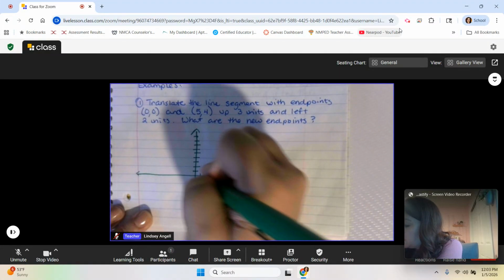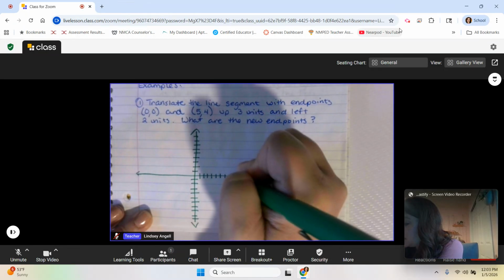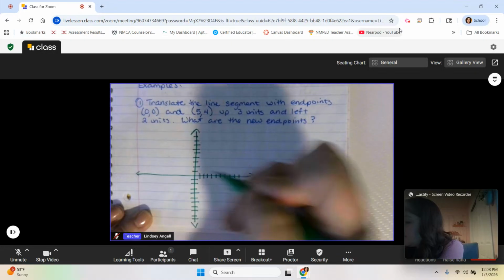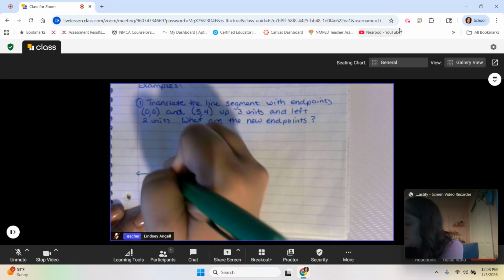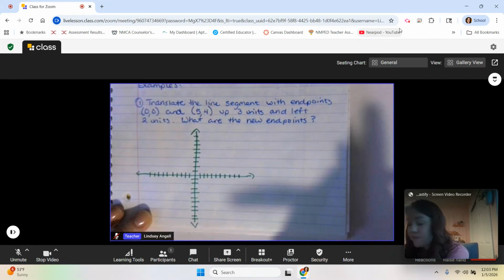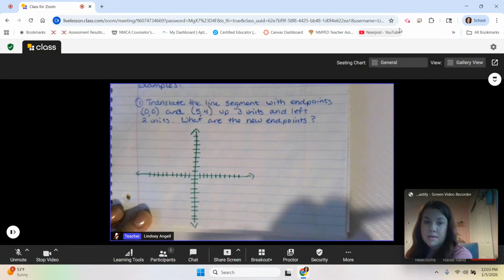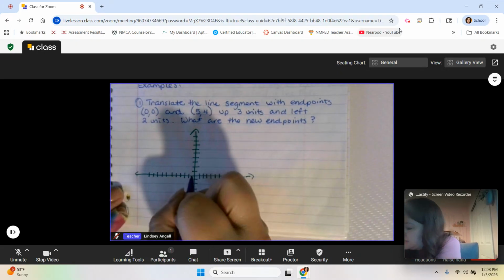Okay, so remember with graphs, it's really important that your tick marks are equidistant, meaning that they are the same distance apart from each other, which obviously mine is not going to be perfect, but it'll give you a pretty good idea. Okay, so let me use a different color. We'll use purple.